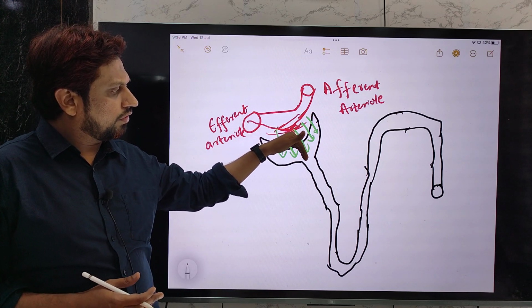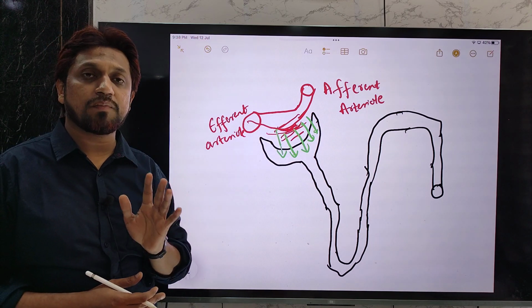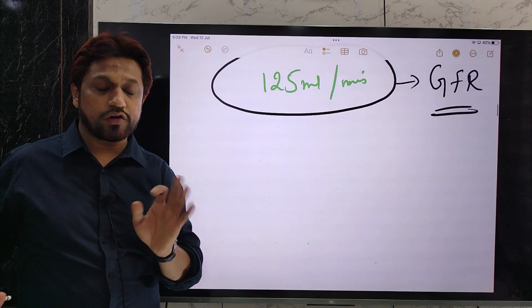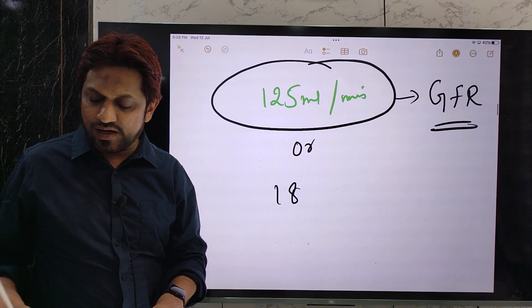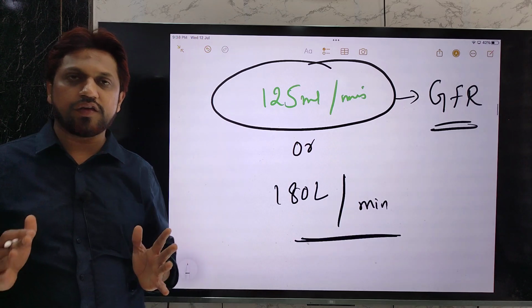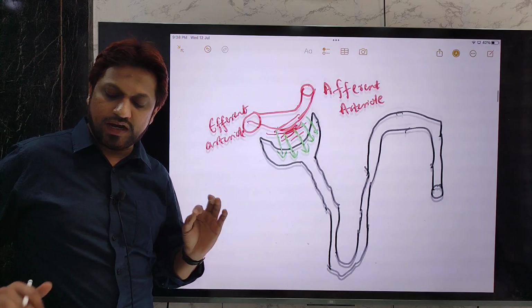This filtration takes place at the rate of 125 ml per minute, or if we see it over 24 hours, that is in one day, it will be around 180 liters. That is, in both the kidneys the blood plasma will be filtered at a rate of 180 liters per day.